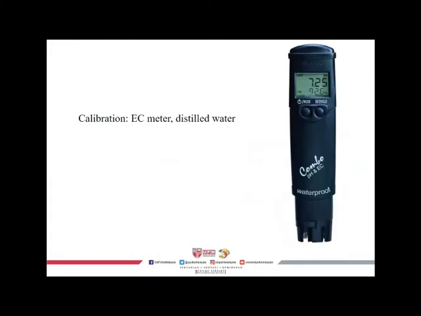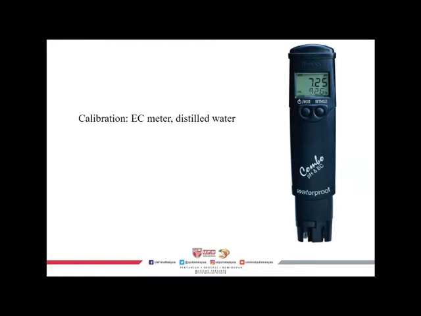So this is the material we are using for the calibration, which is an EC meter and distilled water. To make the fertilizer solution is quite simple. However, we need to use the EC meter for the calibration to have a precise measurement of the nutrient content of that solution.